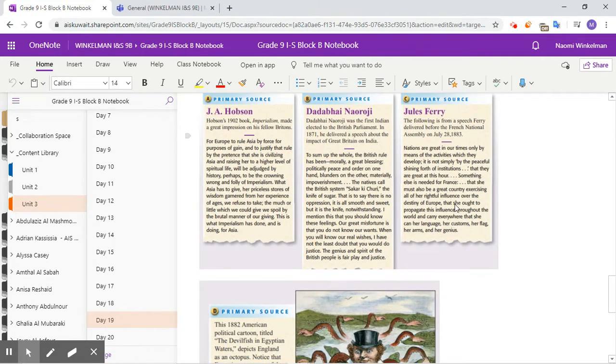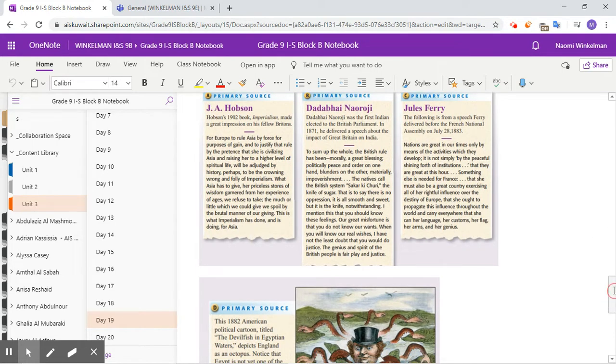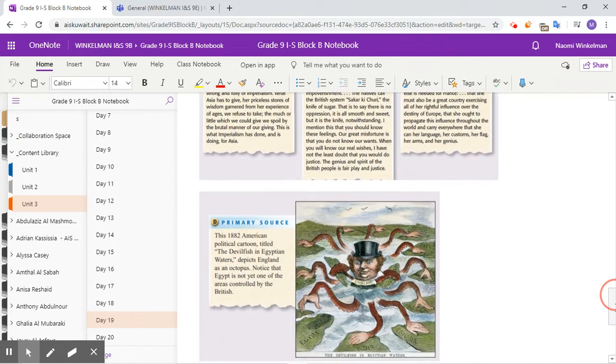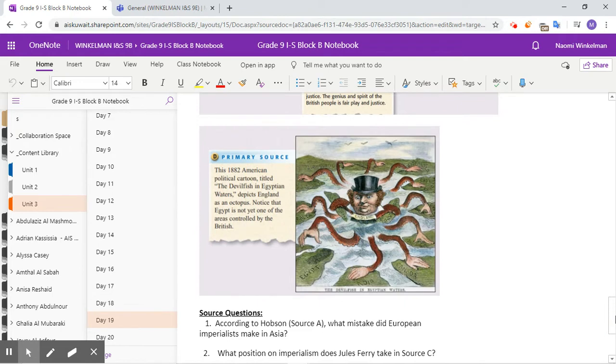You can choose something he talked about, something he talked about, something he talked about, and include them in your ideas because you're supposed to be representing ideas that existed at this time. Remember, for this summative, what we've been studying is perspectives that existed on imperialism. You're not going to know this if you didn't participate in class. Okay, and here's another one. It's a political cartoon. Like I said, you can make a political cartoon if you want. You can draw it or take a picture of it or however you want to make it.